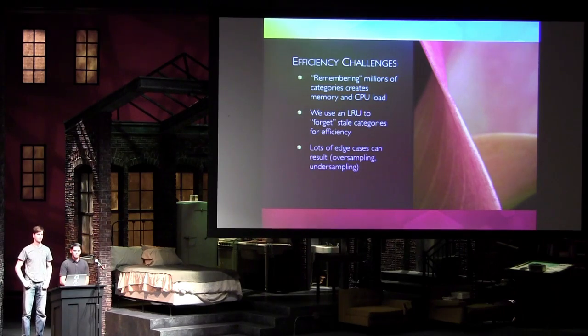But the issue with the LRU is if you have an edge case where you have significantly more categories than what your LRU can hold, and they're all coming at the same time, you end up with category churn, as we call it, where things are cycling through the LRU really frequently, and because things get dropped off the LRU, we actually forget them, and we end up with lots of oversampling because we assume that we see new categories all the time.